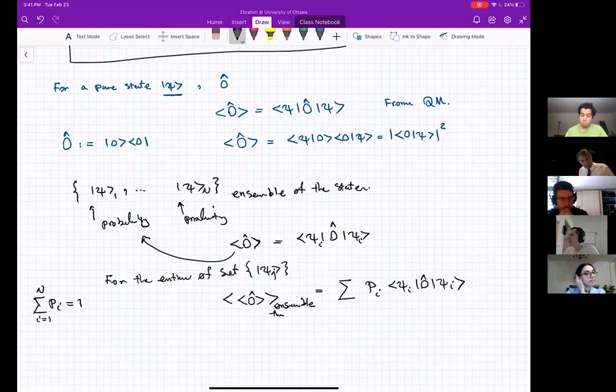You will get an answer for the operator O that you measure, and you also know the probability of each. You can sum them up together, and at the end you have the expectation value of the operator O on the ensemble that I provided you. Clear? Yeah, I think so. Good, excellent.